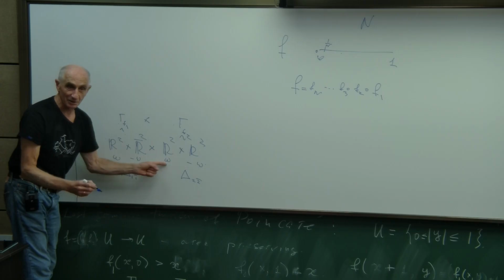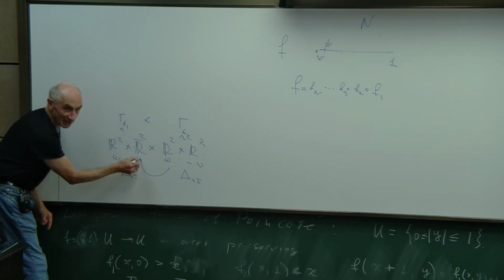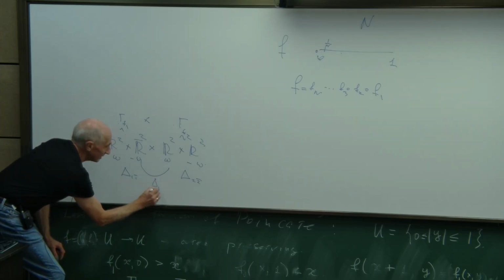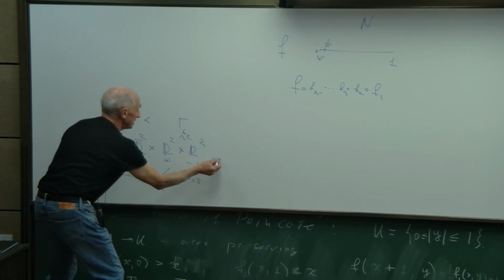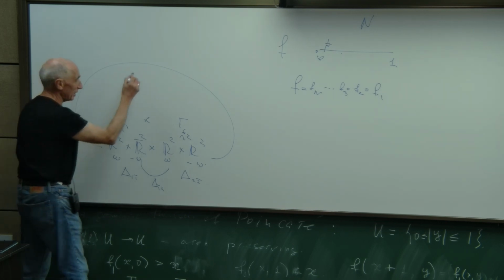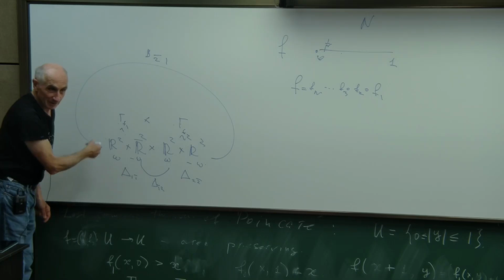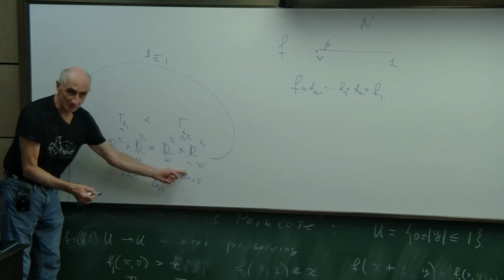But then you also can take diagonals here, and this diagonal you call delta 1 bar 2. Then you can cyclically take the diagonal there, which I call delta 2 bar 1. So these are two-dimensional diagonals.